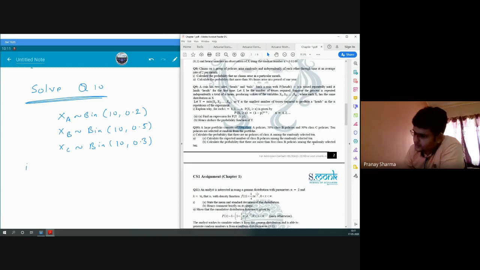For the first part, calculate the probability that there is no policy of class A among the randomly selected 10. That means the probability that our XA is equal to 0, no policies. That would be our 10C0, 0.2 raised to 0, 0.8 raised to 10.